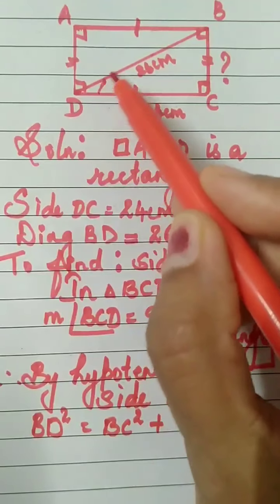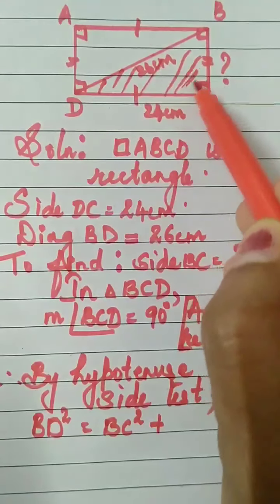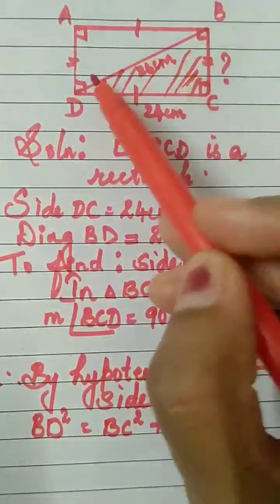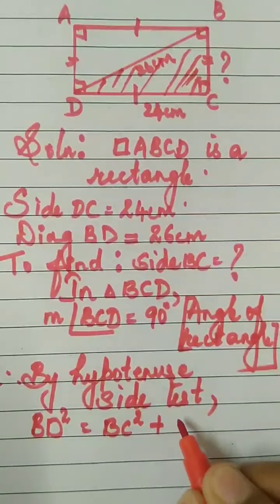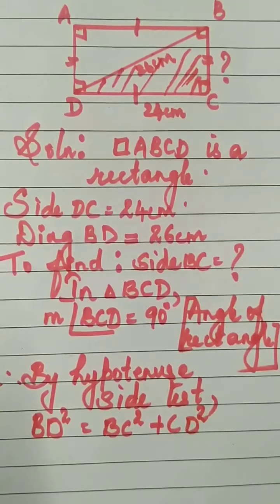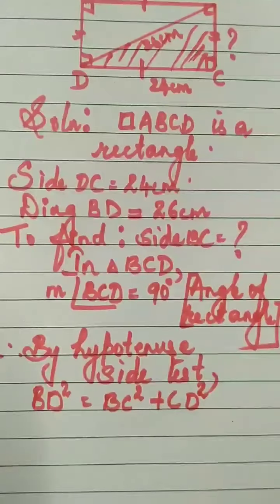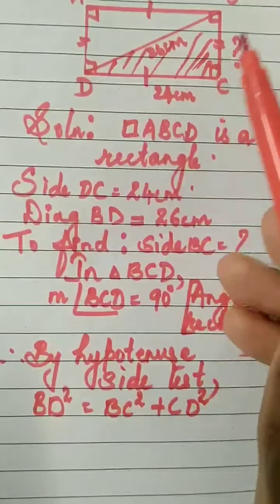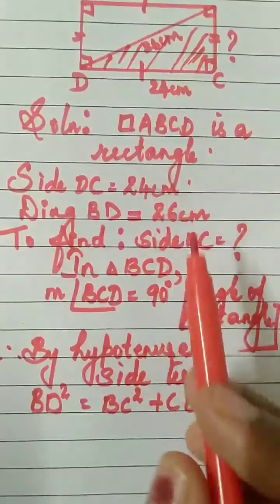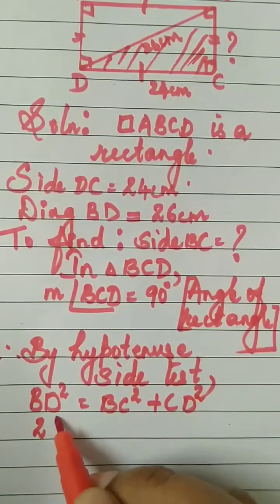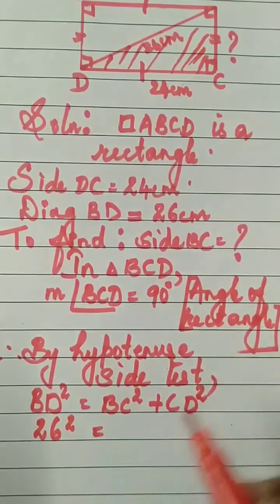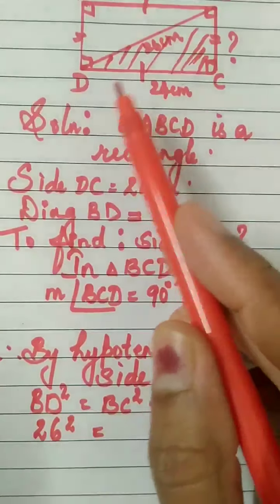So in this triangle, hypotenuse square BD square is equal to BC square plus CD square. Substitute the values. Do you know BD? BD is how much? BD is equal to 26. Right, BD 26 square is equal to BC, we don't know.